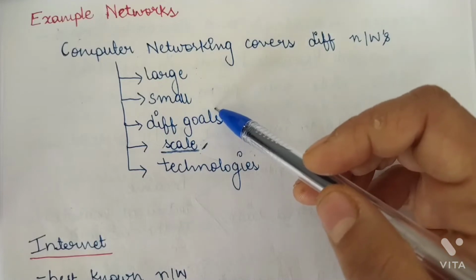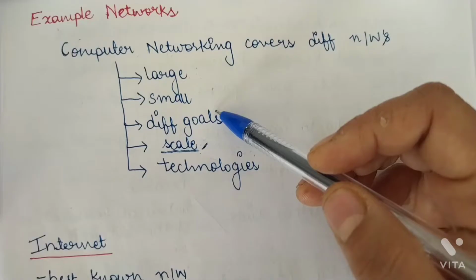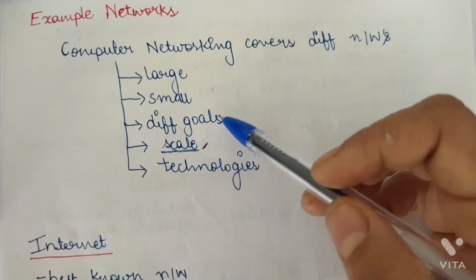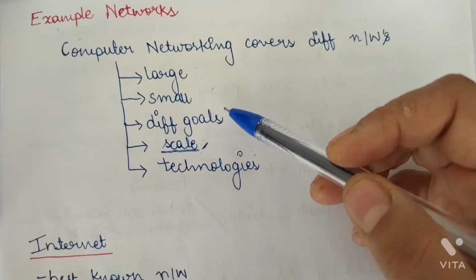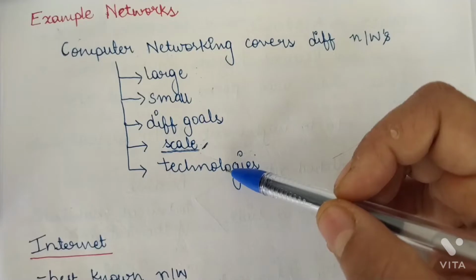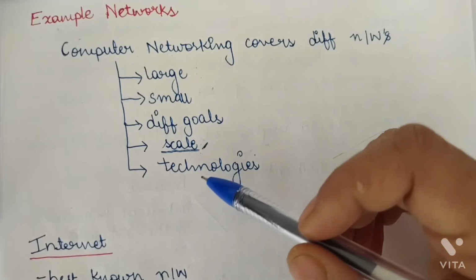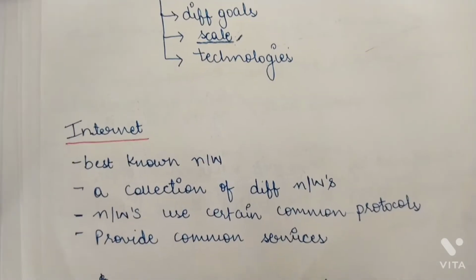Then the networks may have different goals. In some cases you may want reliable connection oriented services, whereas in some cases you may want connectionless services with on-time delivery. Different technologies may be used, so we have a variety of computer networks. Now we will see some example networks.